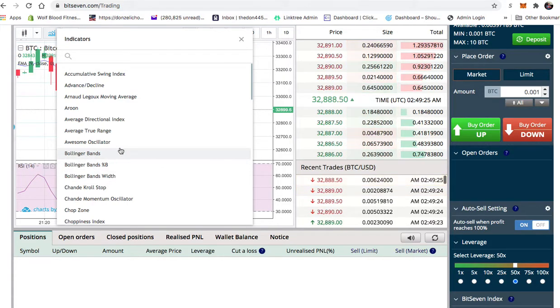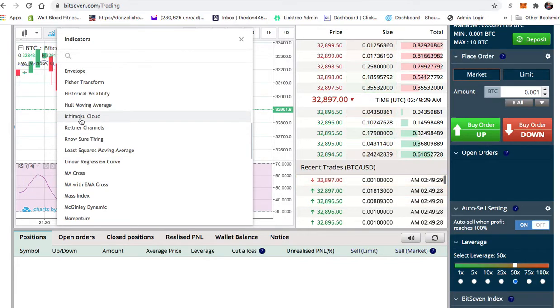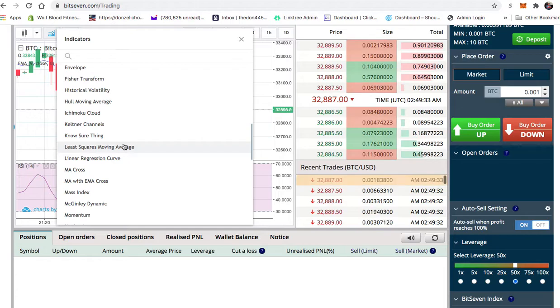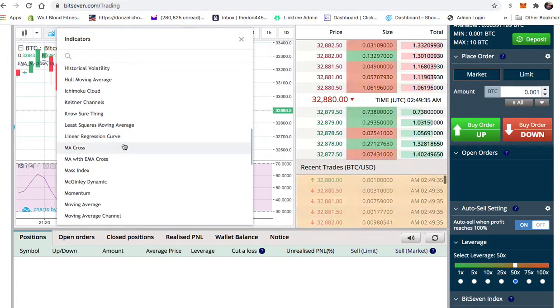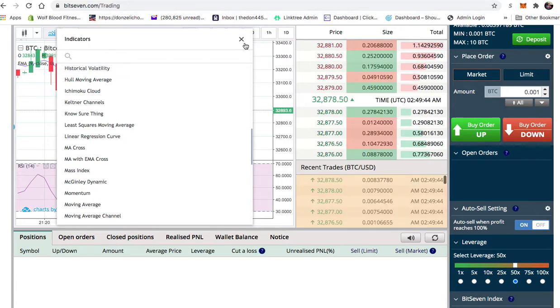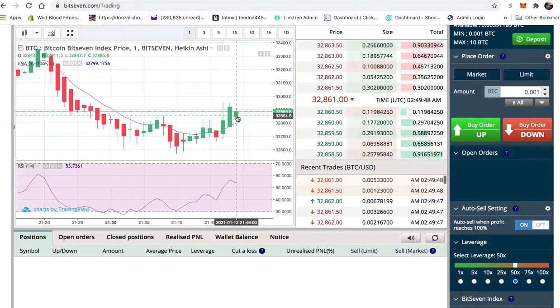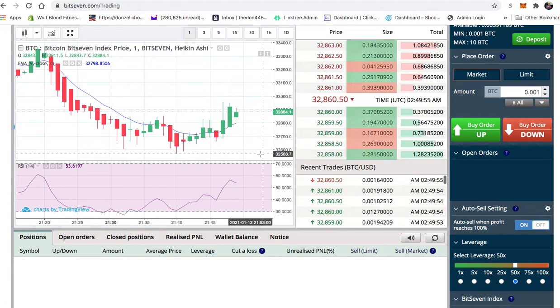Bollinger Bands. This Ichimoku Cloud, try that out. See how it looks on your chart. See how you like it. Maybe it's something that you're going to see on there that is a real good indicator for you, and you can see how it coincides with the candles going up and down, and when you can jump in on a trade and when to jump out of a trade.